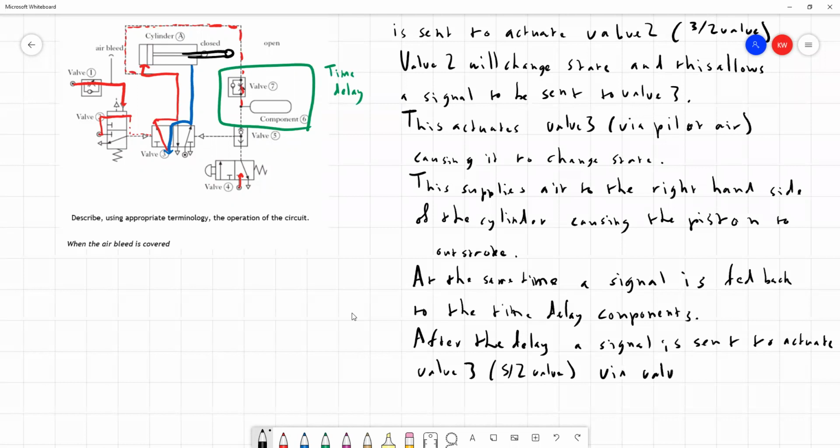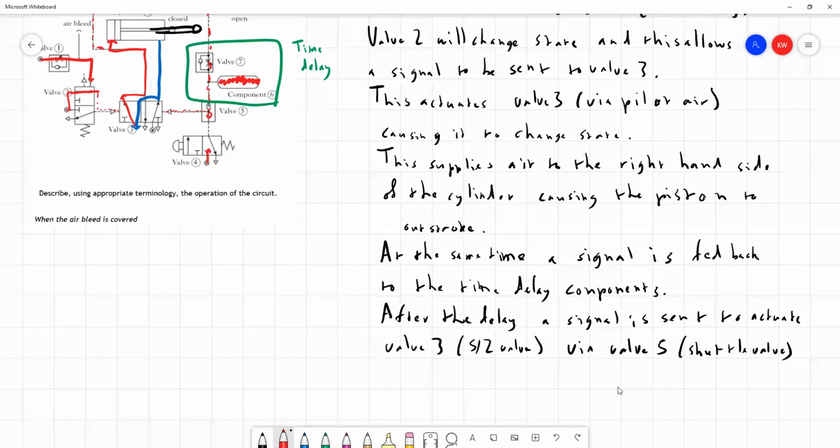Via valve 5, which is the shuttle valve. So let's draw on what's happening here. Well, after the time delay, our reservoir fills up with air, and once it's full, we can send a signal down here. This will slide the ball across, and we'll get an air signal sent in to valve 3.